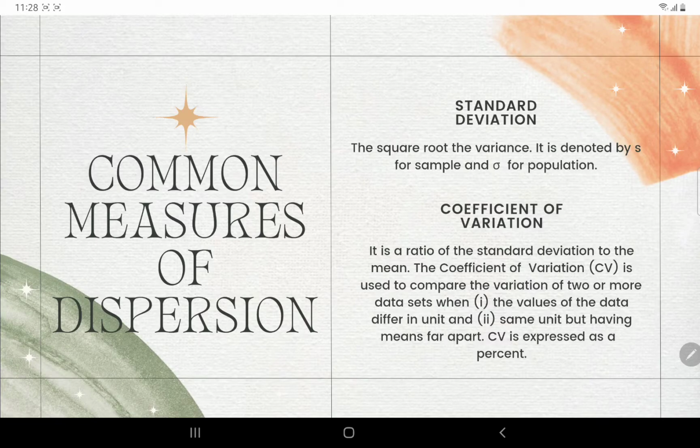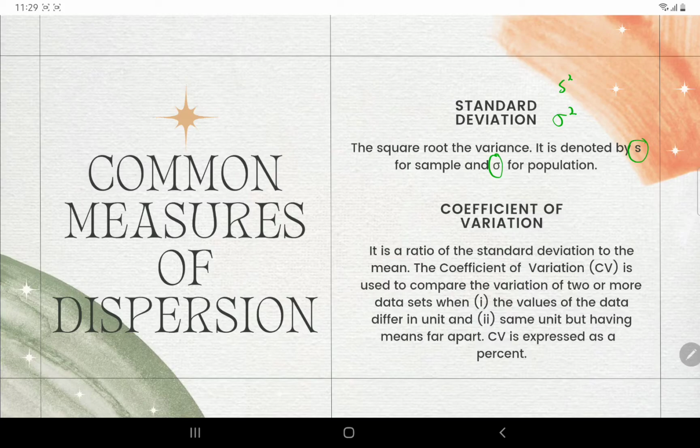So the notation for standard deviation for sample is S, and the notation for standard deviation for population is sigma.